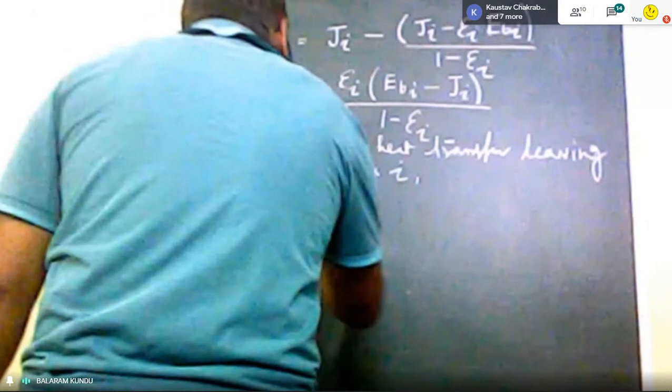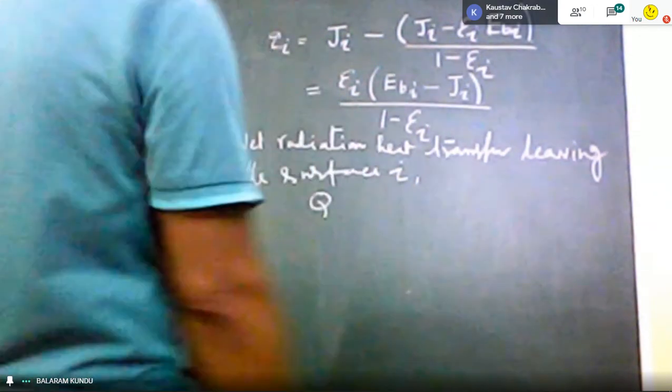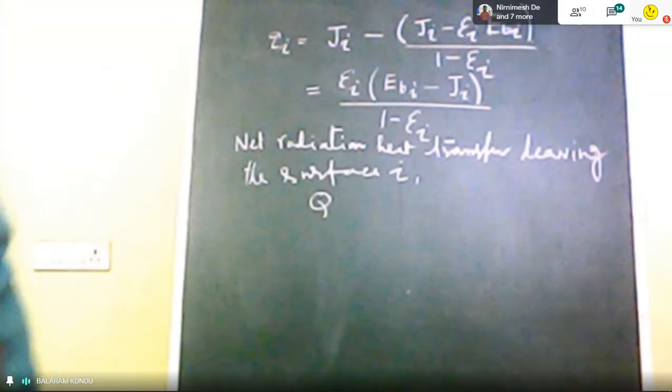So capital QI is the net radiation heat transfer leaving the surface I.